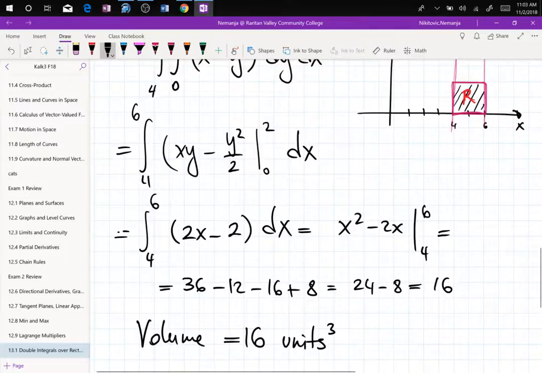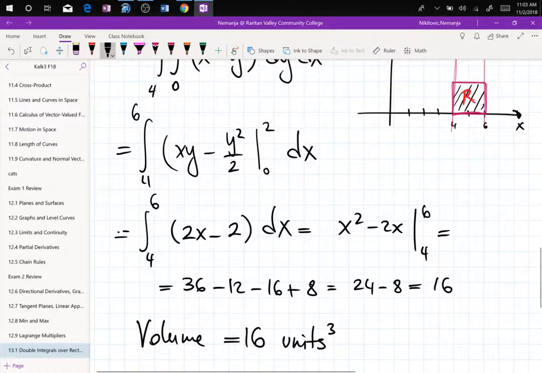I pressed the cookie stencil into the dough. You have a cookie. This cookie, in this case, has a square base and some wavy top, which is given by the function x minus y. So it's going to be, you know, some trapezoidal cookie or whatever. And its volume is 16 units cubed.